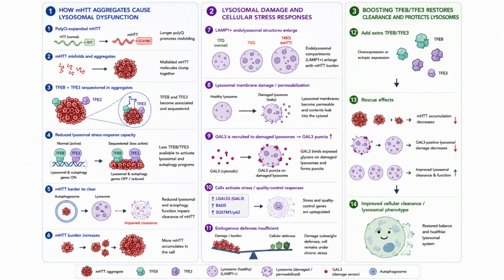Step 4, damaged, leaking lysosomes start to accumulate, triggering those GAL3 alarms everywhere. Step 5, because the recycling system is now weak, it fails to clear out the mutant Huntingtin, which leads straight into Step 6. More Huntingtin accumulates, forming even more aggregates, trapping more TFEB, and restarting the vicious cycle all over again until the neuron tragically dies.